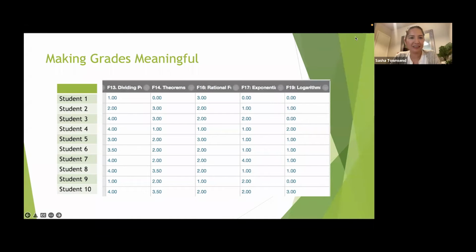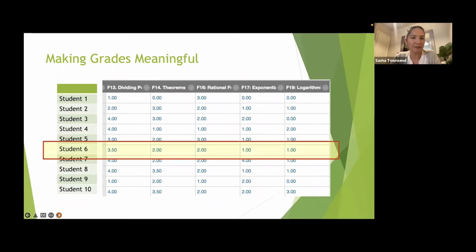Now this is what the grade book typically looks like, at least on Blackboard for me. I've got my columns on Blackboard with the individual standards and then the students over here. The rows tell you how a particular student is doing, but the columns can tell you how you're doing. She was not the only one who struggled with exponents and logs that semester. Maybe I need to work on my lecture or I need to do something differently.